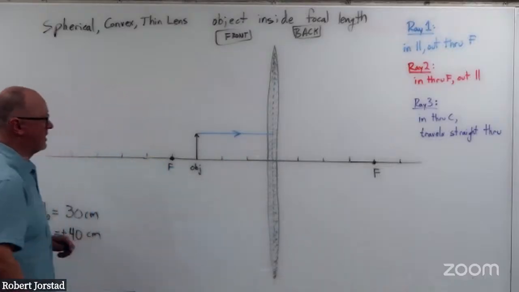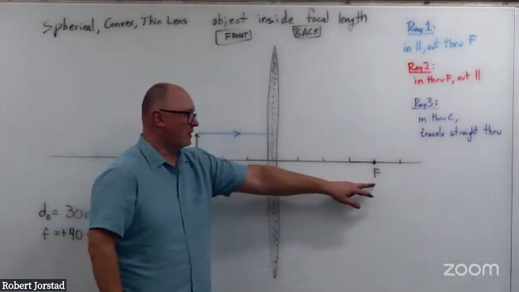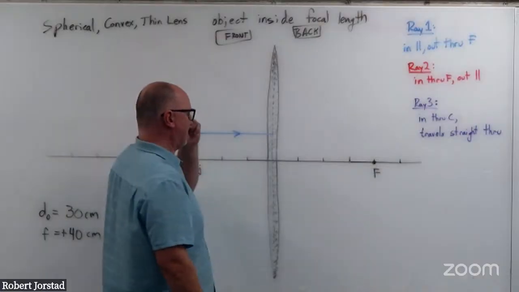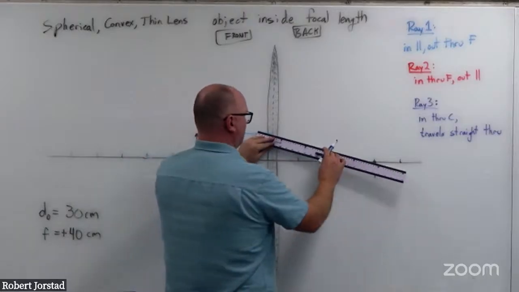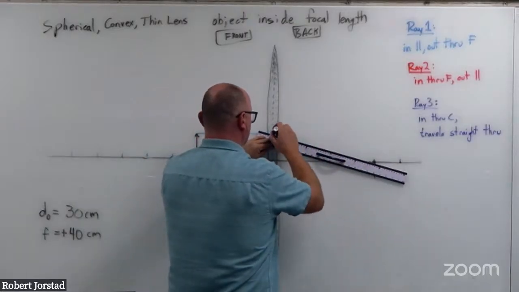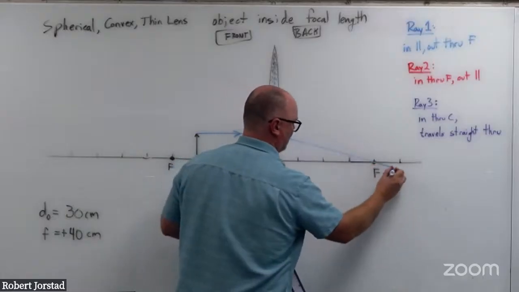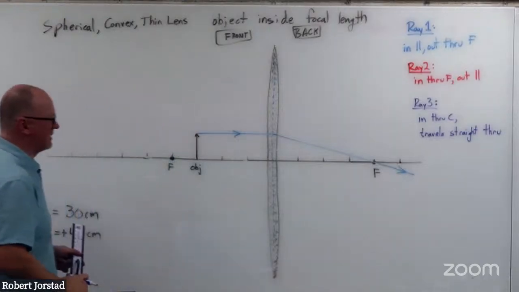I use the focal length on this side for a convex lens. F is positive, backside is positive. I'm going through this focal length. Ray 1, we're always using that. I should be careful. Ray 1, we're going to draw it this way for this type of lens.